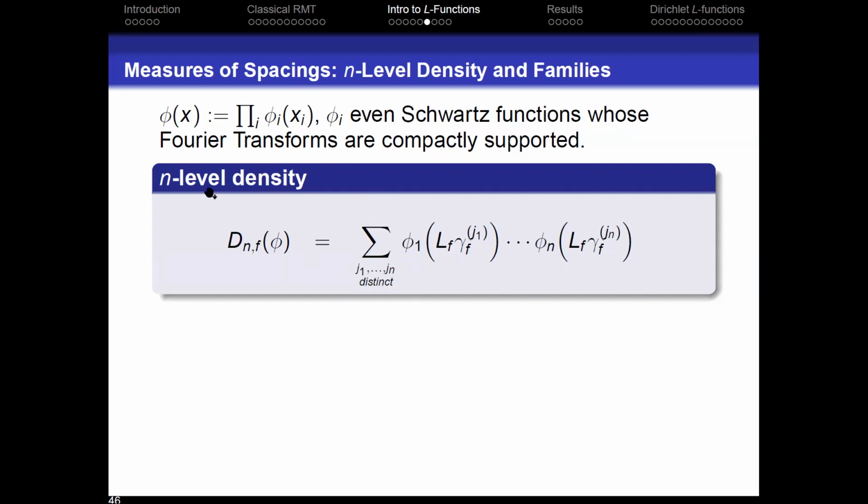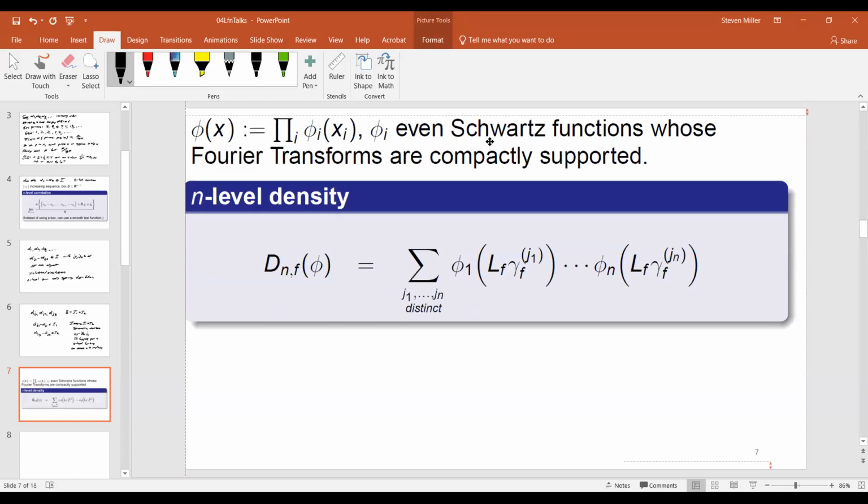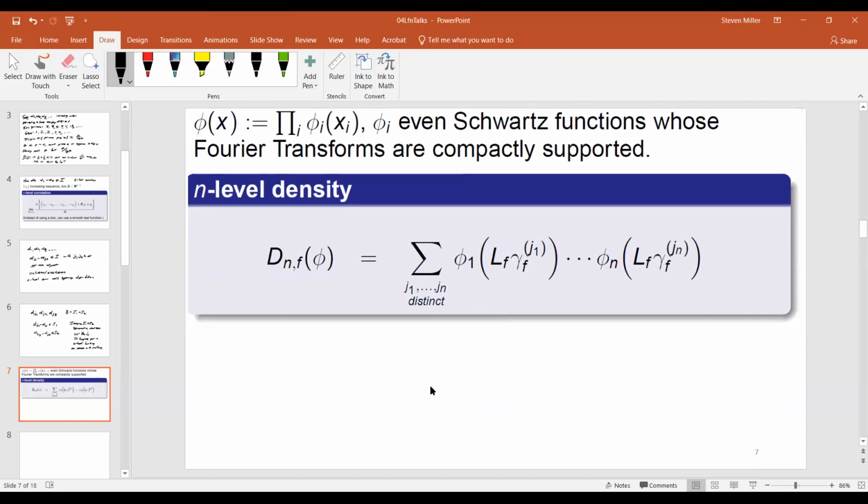So if I have, come back to here, if I put this in, how do we deal with distinct?